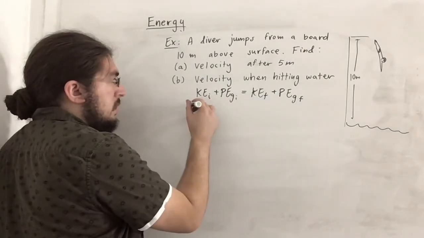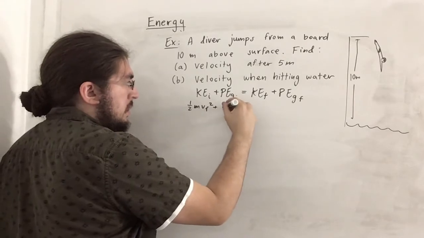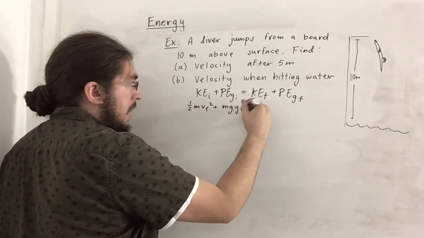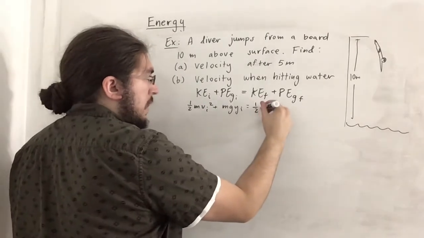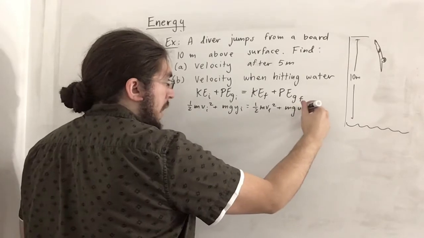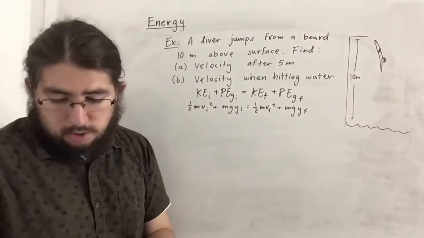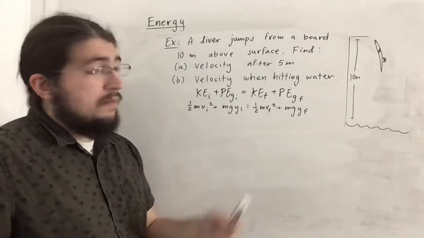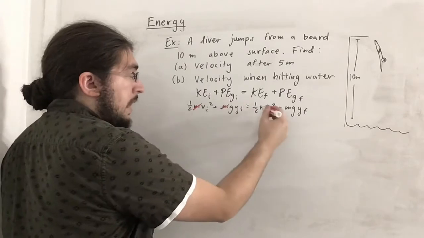So this is 1/2 mvi squared plus mgyi, equals 1/2 mvf squared plus mgyf. And I notice they all have m in common. We weren't given the mass of the diver, it doesn't actually matter as it turns out. So we cancel m out right away.